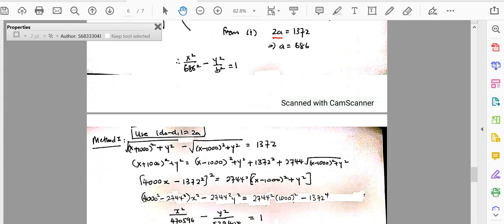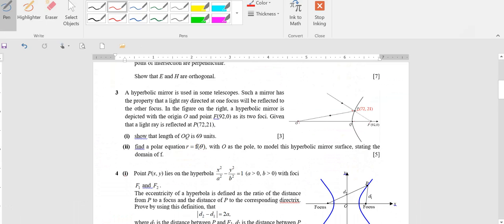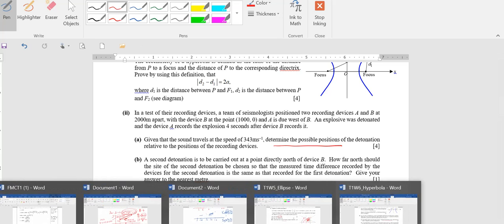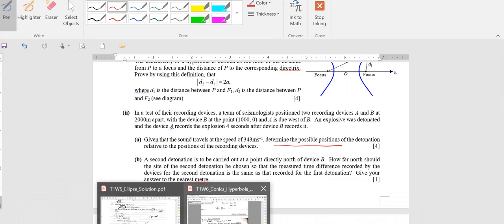Okay, the next part of the question is to determine the possible position of the source of the sound. That means we know the source will be on a hyperbola, if it has this kind of property, so your job is to work out the equation of the hyperbola.